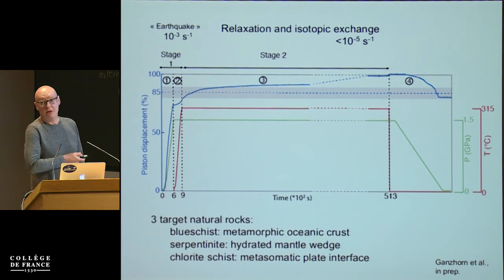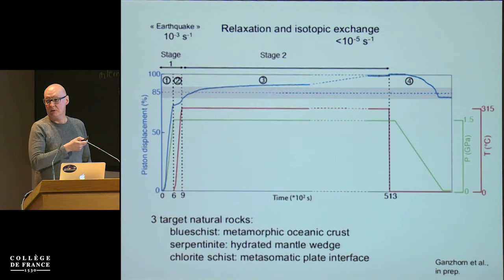One way to look at this experiment is that we are increasing the pressure. During this pressure increase, we have a large displacement of the piston in the press. So a lot of the deformation that we see on this sample occurs during this first stage, and we call that an earthquake.